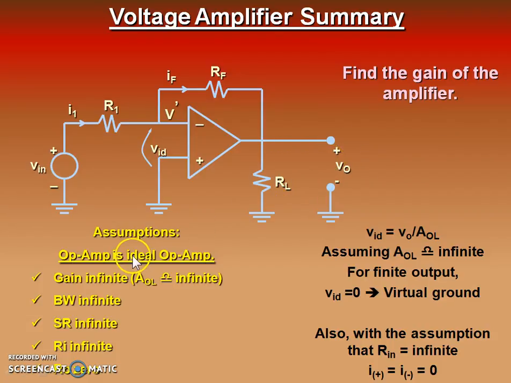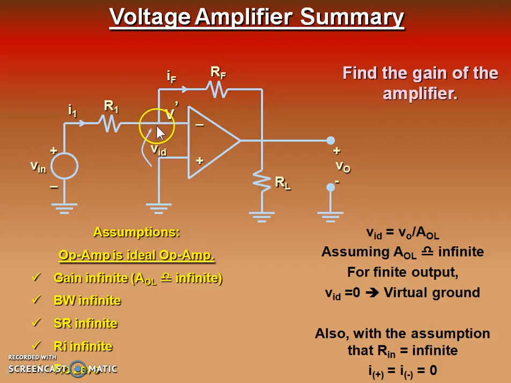Now if we consider the overall op-amp is ideal, this means the open loop gain of this operational amplifier is infinite, then for finite output this differential input signal should be 0. As this non-inverting terminal is grounded, voltage is 0, therefore this node also should be 0.